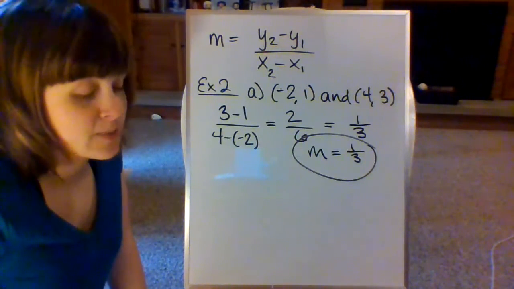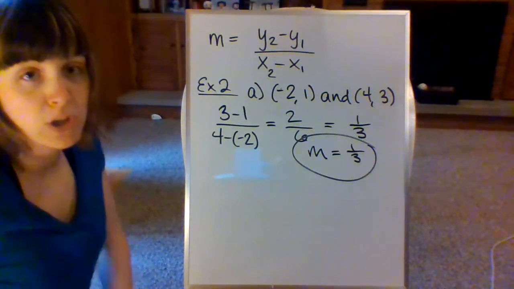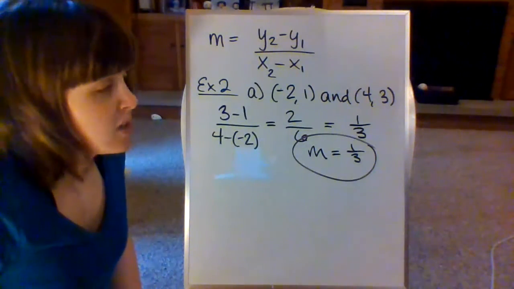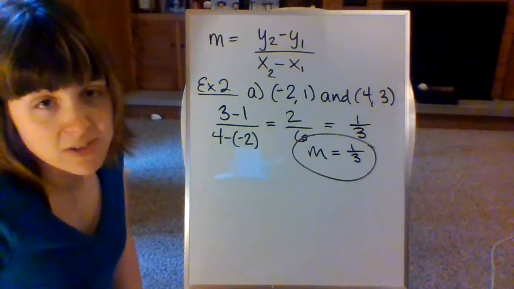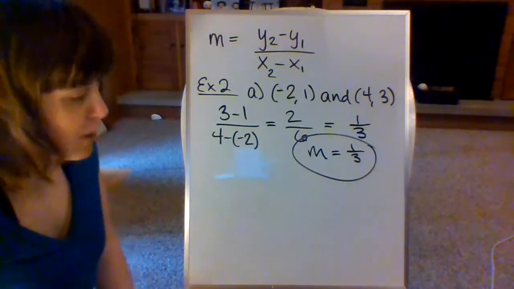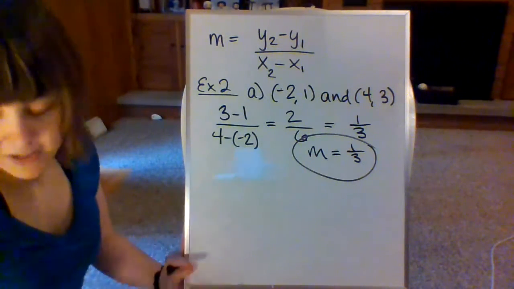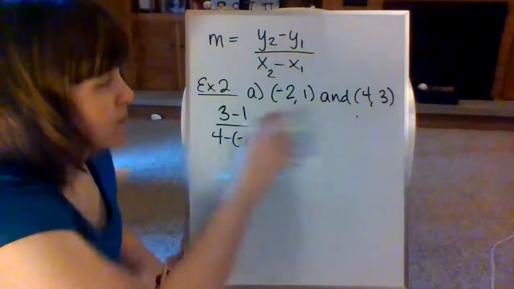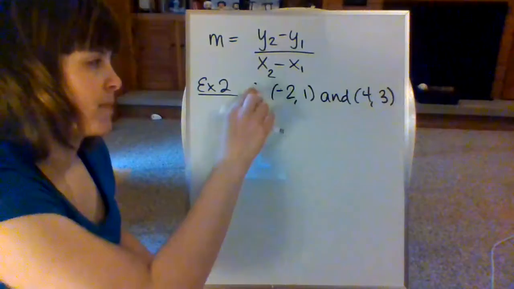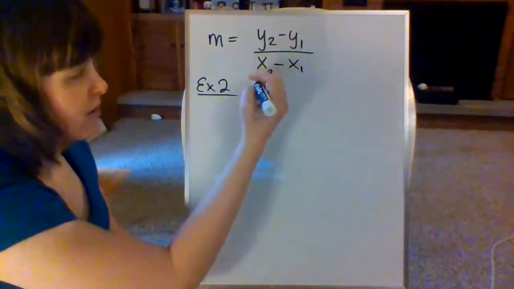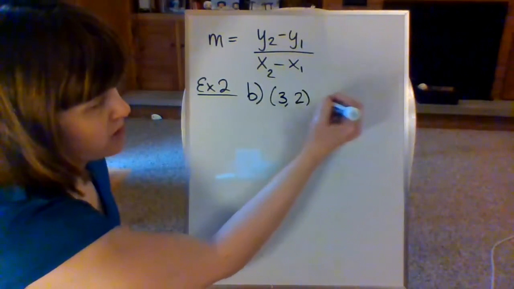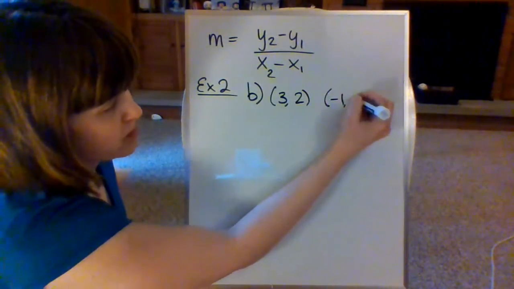Okay, so I hope that seems familiar from when we did it before, a long time ago, probably back in August. But that's how you find slope between 2 points. So now we're going to try part B. Okay, so I'm going to erase this. Alright, so part B looks like this: (3, 2) and (-1, 2).